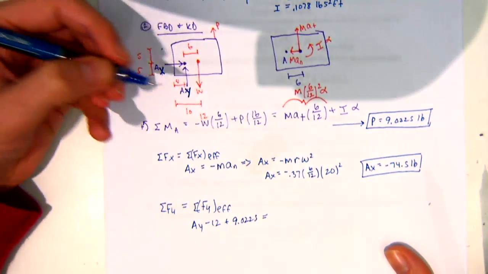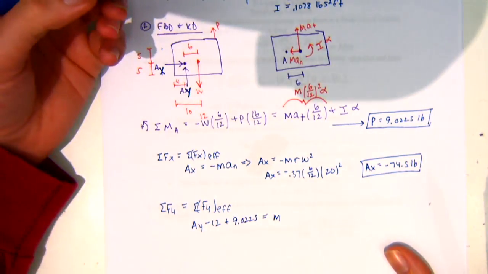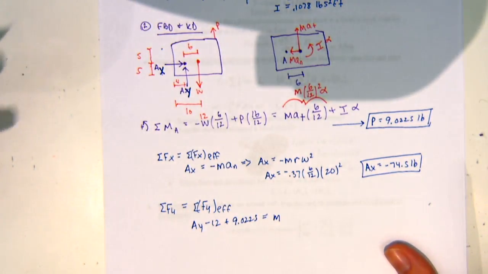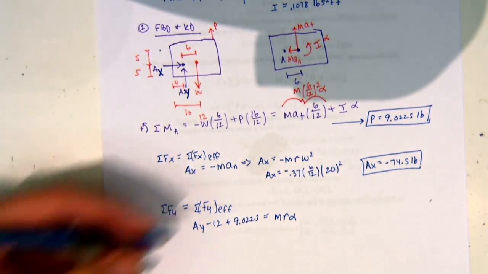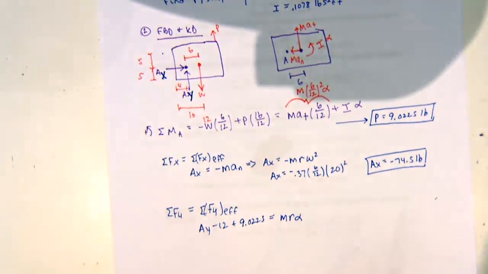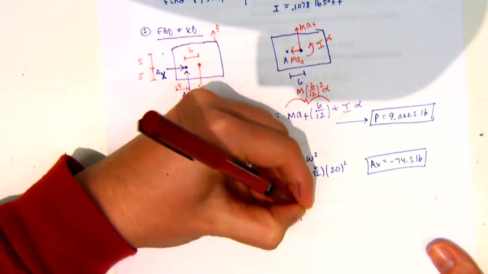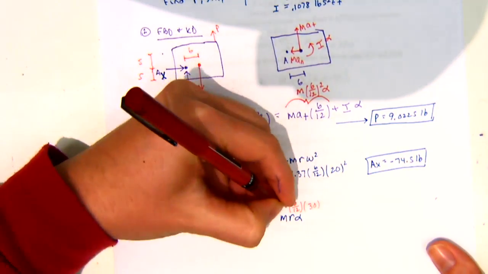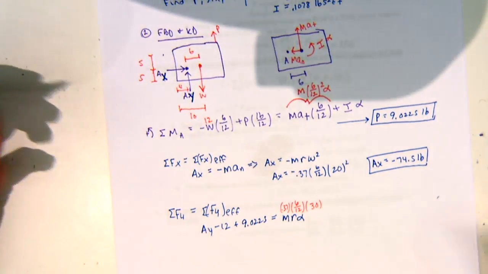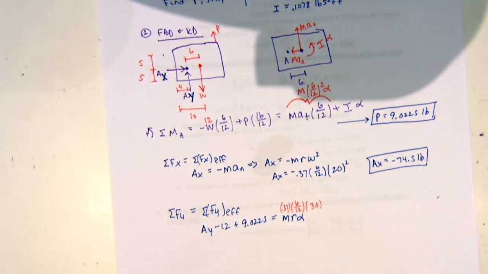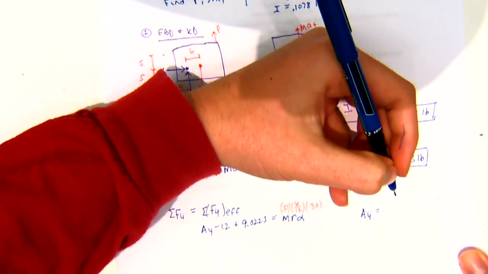And that will equal my mass times my tangential acceleration. We already said that AT was equal to R alpha, so I'm just going to plug that in there. So R was 6/12, alpha was 30, my mass was 0.37. So solving for AY, you get 8.57.